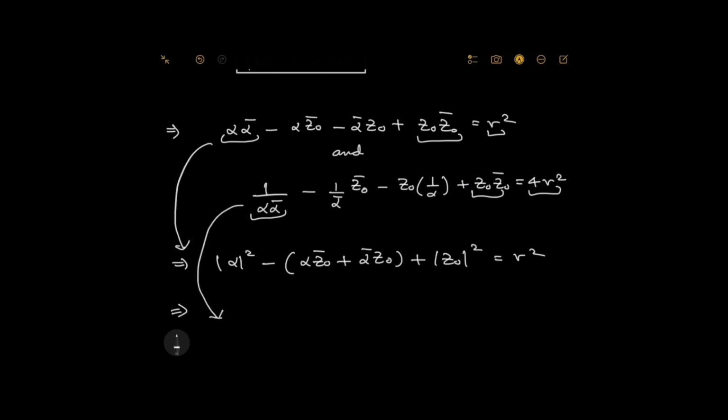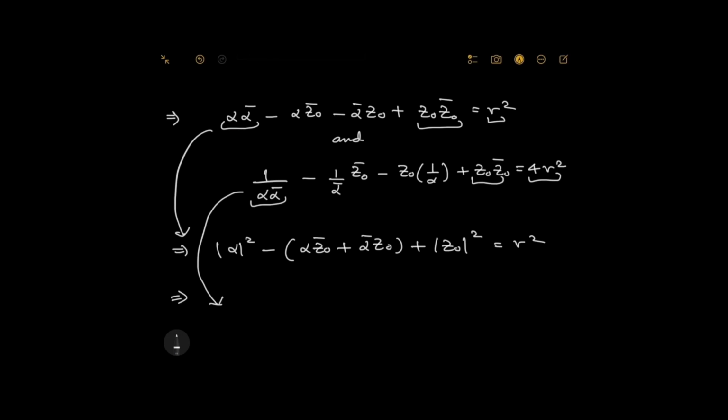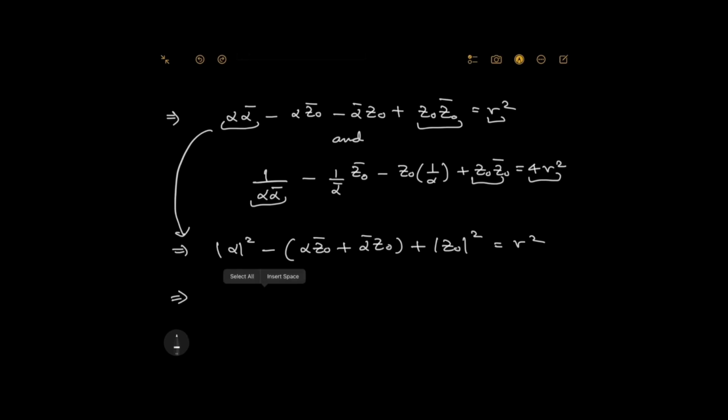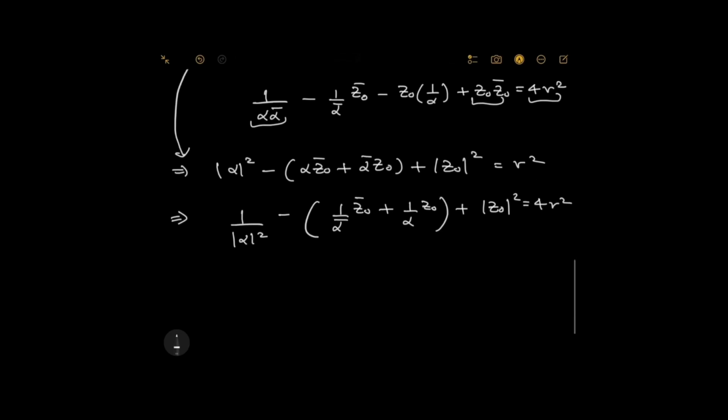Similarly with the second equation, let me make it more clear. We can write it like this. This can in fact be further solved. This one only, this is done. Okay, this is pretty much done.